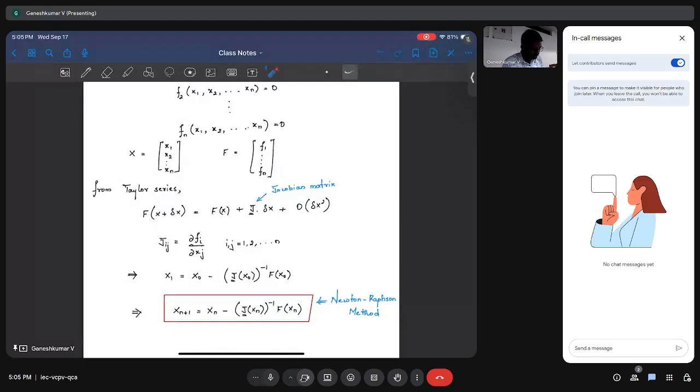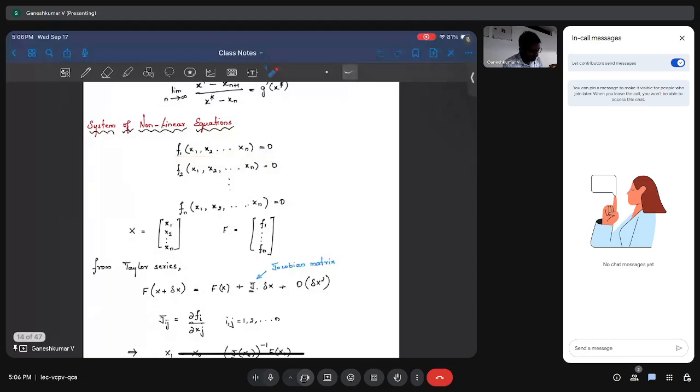For example, f is a function of x1, x2 to xn, so we have n functions and n unknowns.